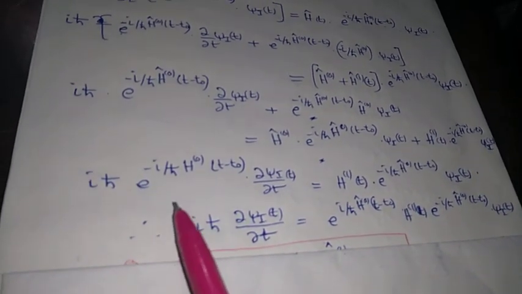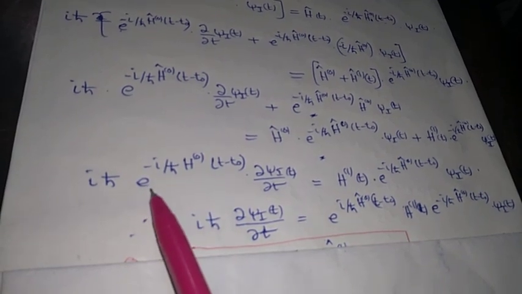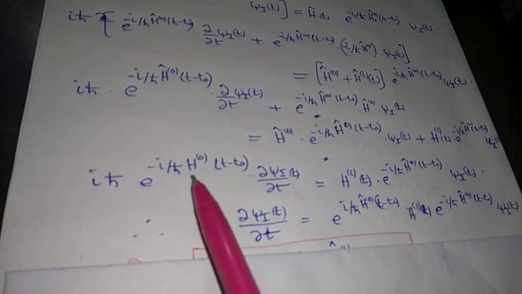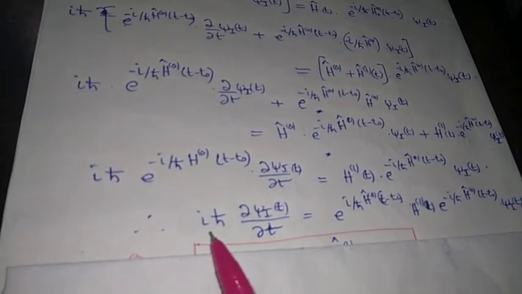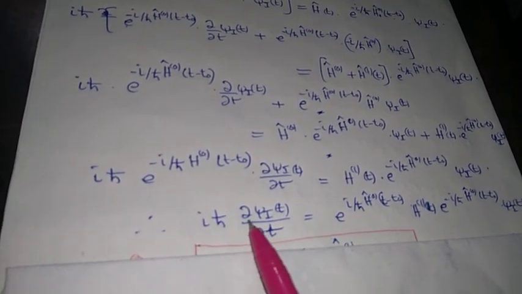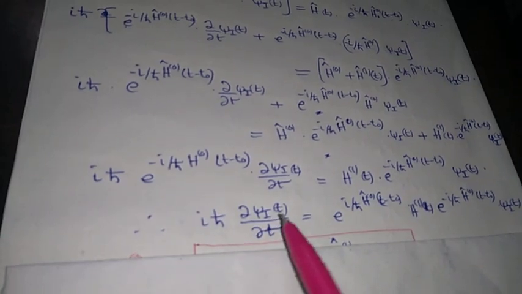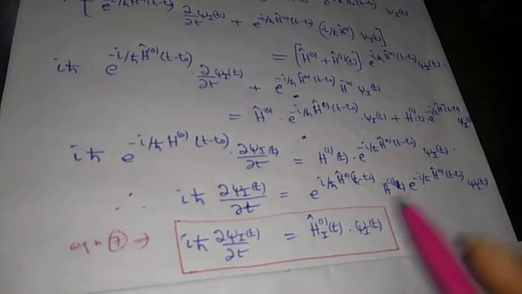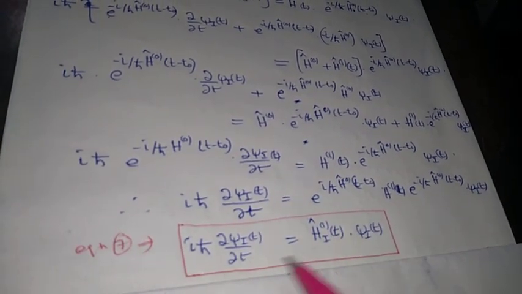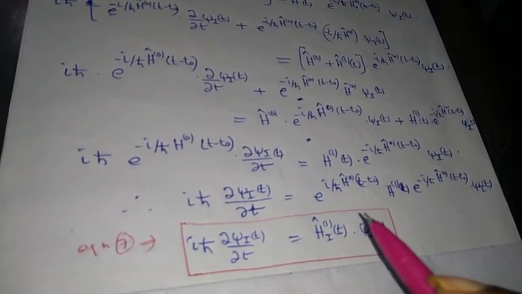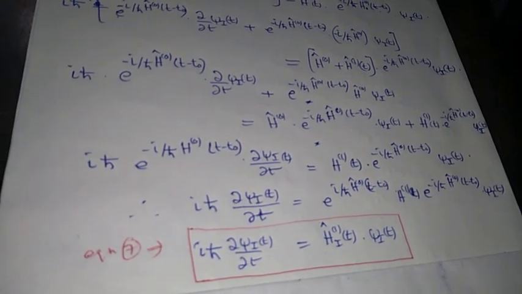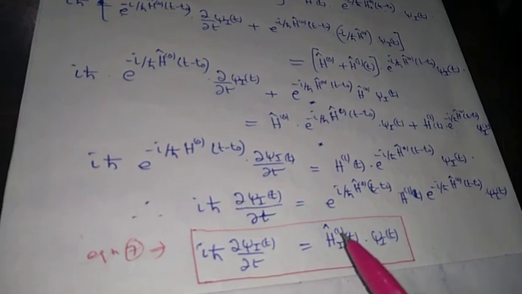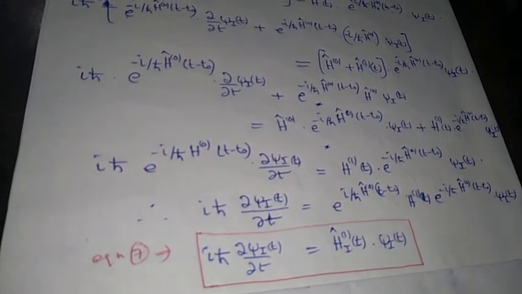If you multiply this by exponential plus i by h cut into this factor, we get on the left hand side i h cut dou by dou t of psi I equals this quantity on the right hand side. And from equation number 7, we can write this thing as H sub I1 of t acting on psi I.